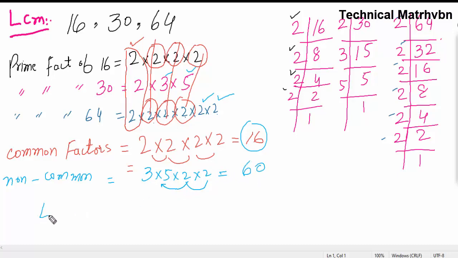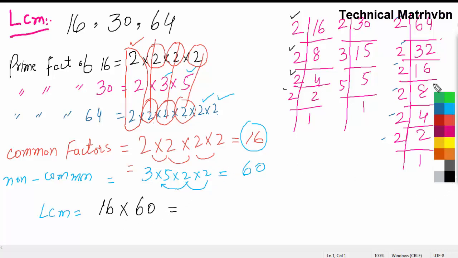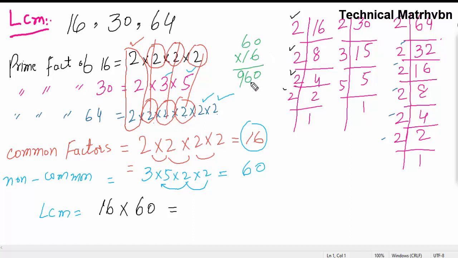Now LCM is the multiplication of common factors and non-common factors: 16 multiplied by 60. I will teach you this question with another method, so first understand this method. Let's multiply 60 with 16. 16 times 0 is 0, 16 times 6 is 96.